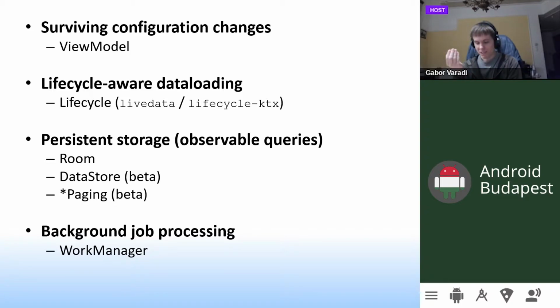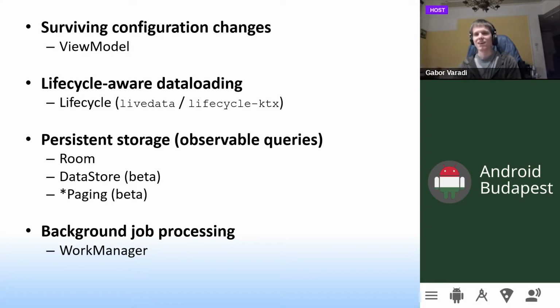So we can expose Flowables or LiveData from Room, and whenever there's a change made to the database, we are notified of it, and we can track it without us manually having to know that, hey, we made a change to the database, I will reload the data. No, the Room database will tell us that someone modified me, here's the new data. That is significantly less error prone because you cannot forget it.